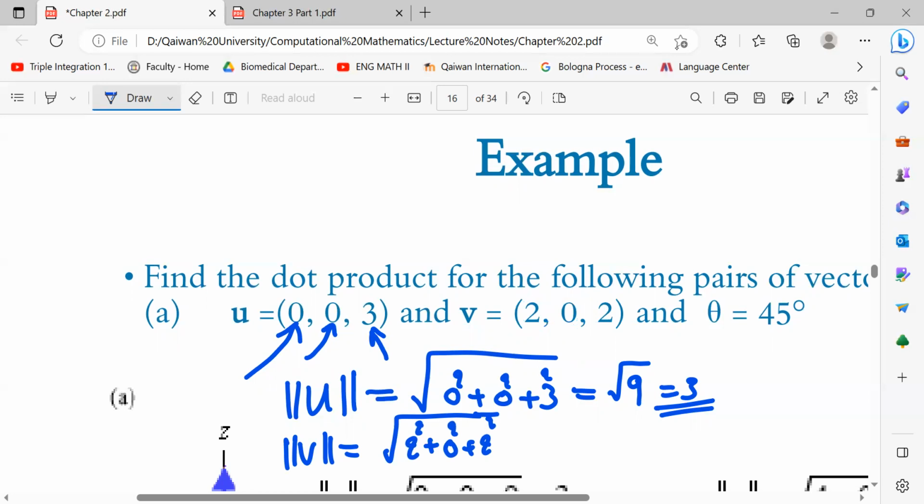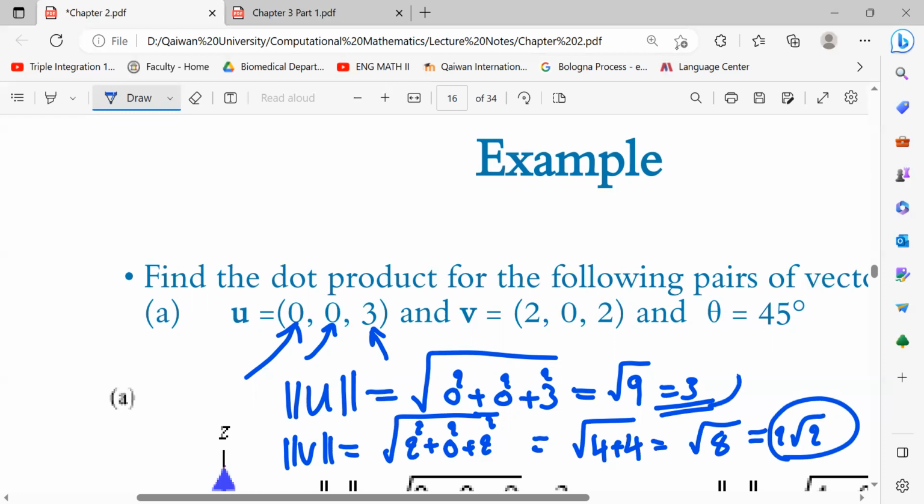This equals square root of 4 plus 4, which is square root of 8. You could write this as square root of 2 times 4. The square root of 4 is 2, so you get 2 square root of 2. This is norm v. We now have both norm v and norm u.